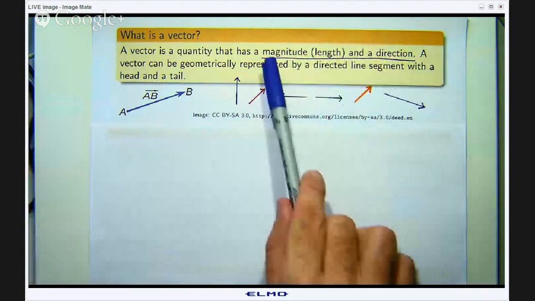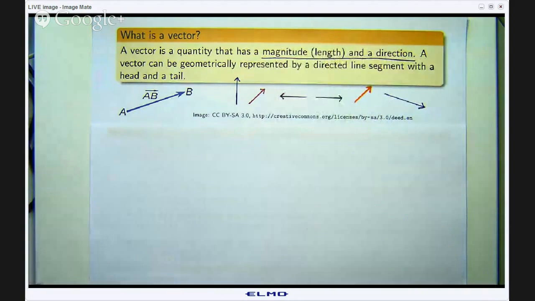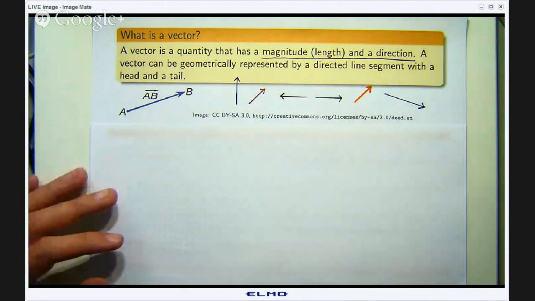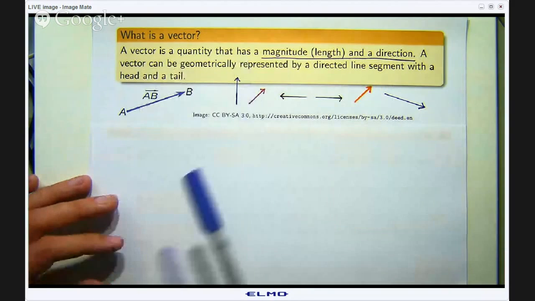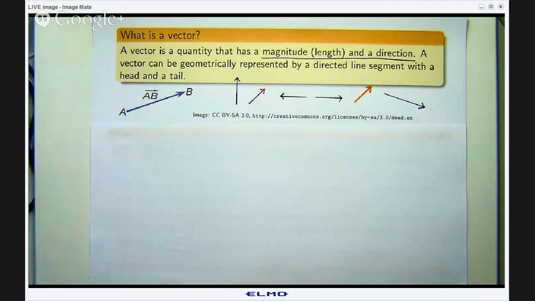Okay, so by magnitude, we mean some sort of length, and by direction, we mean that it's pointing in some particular way. Now, geometrically, a vector can be represented by a line segment which has a little arrow on it to indicate direction.